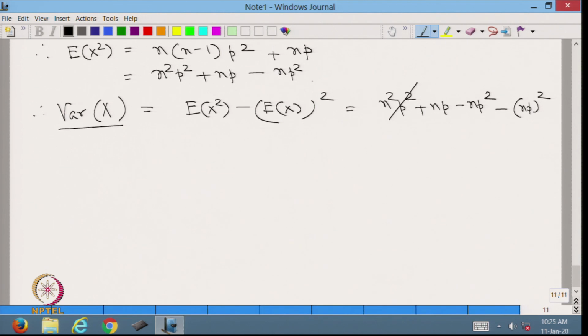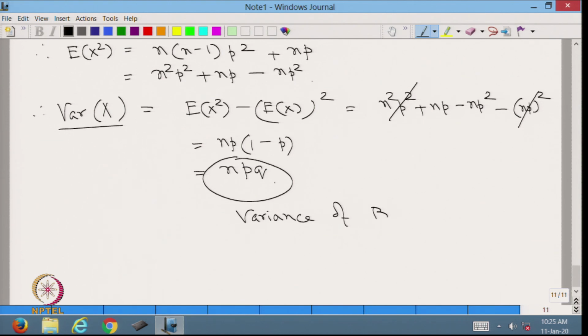So, this cancels with this, therefore, we are left with n p into (1 minus p), which is equal to n p q. So, that is the variance of a binomial (n, p) variable.